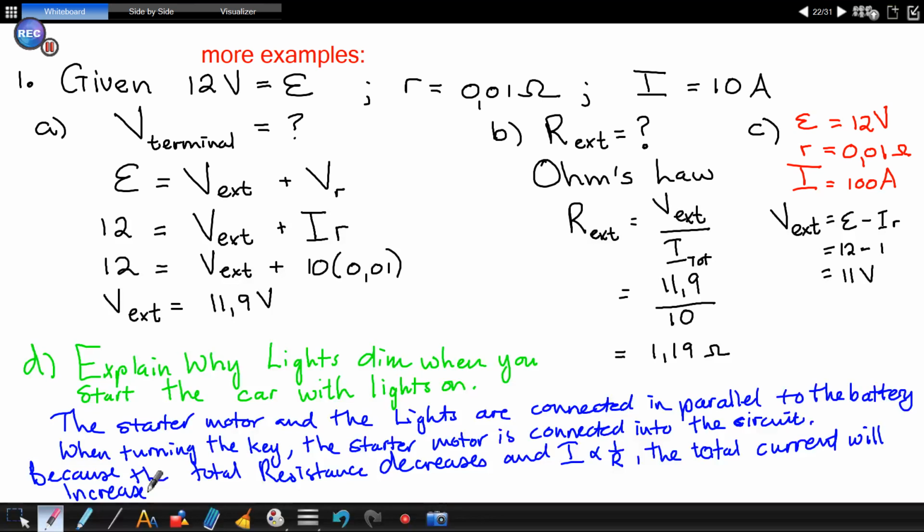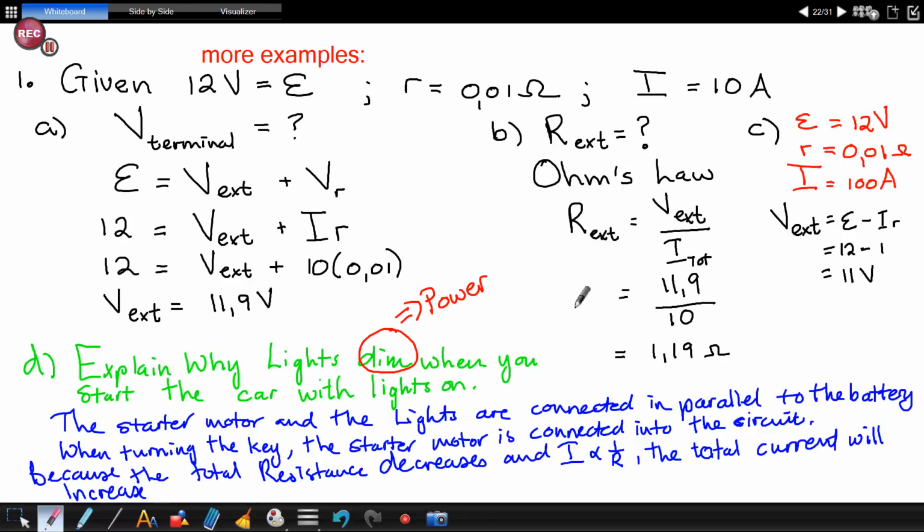And dimness is determined by power. The dimness or the brightness refers to power, which is the rate at which energy is dissipated.